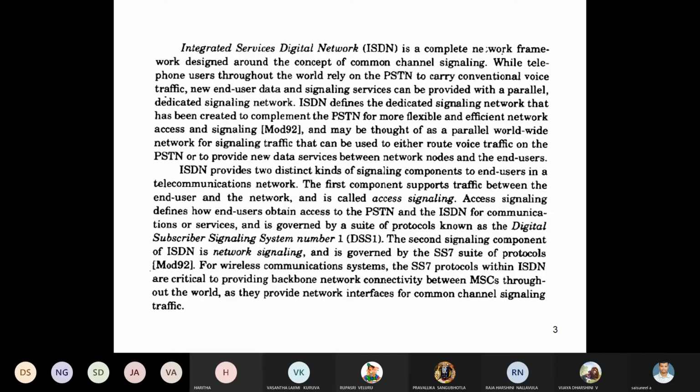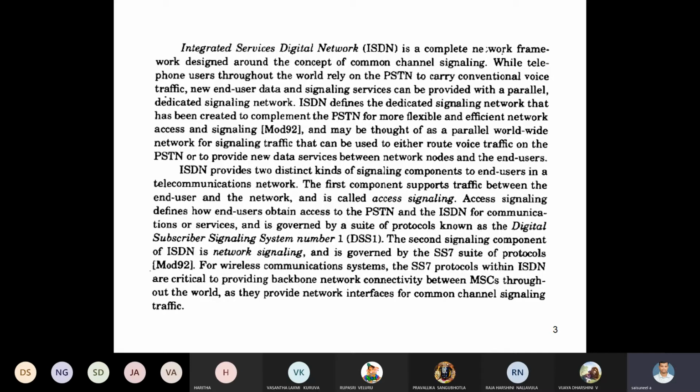The access signaling defines how end users access the existing PSTN network to obtain new services, that is, to transmit data by using the protocol named Digital Subscriber Signaling System number 1, DSS1.